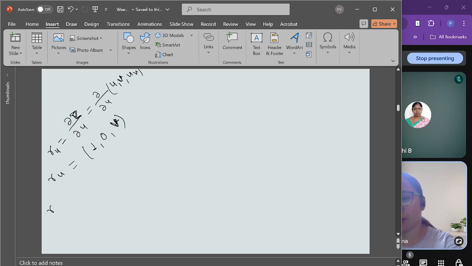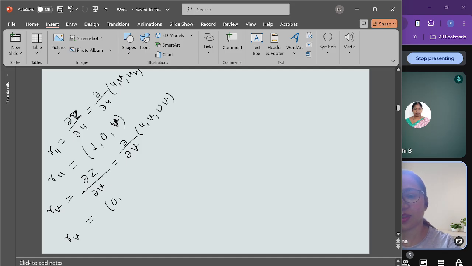Similarly, you will find Rv, differentiating with respect to v only, of (u, v, uv). Here there is no v in the first component, so 0, then 1, and here you will get u.